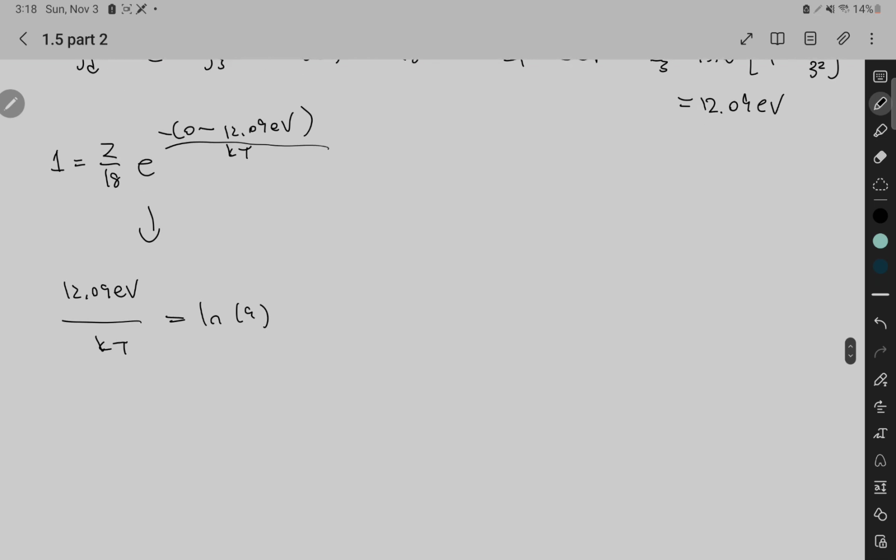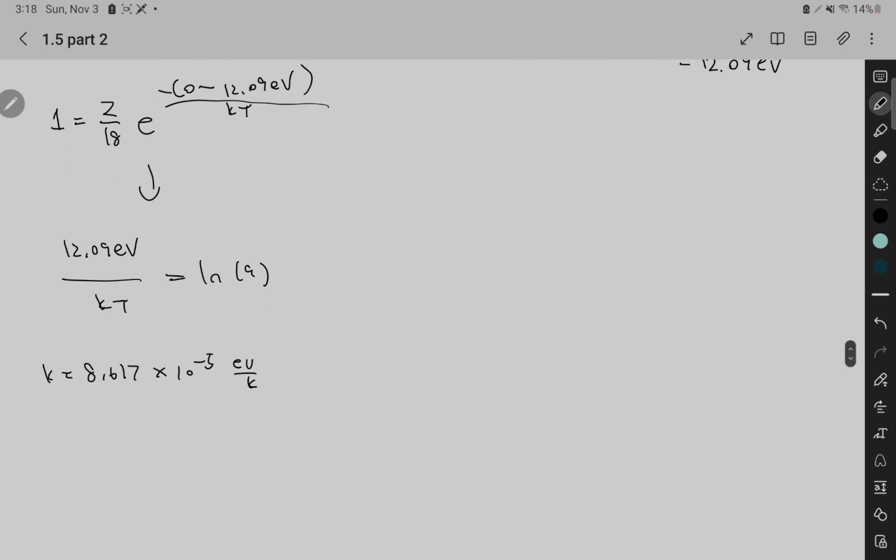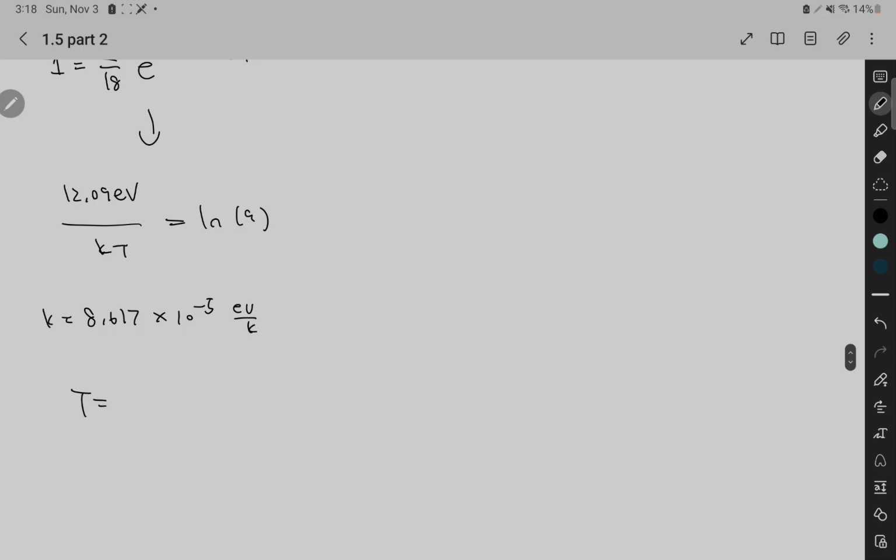And then we know the constant k is 8.617 times 10 to the negative 5 eV per K. If you plug that into the equation, now you know everything, right? You know eV on the top, you know k, and you know ln 9. So you just have to manipulate for T, and the T you obtain at the end is about 63,900 Kelvin.